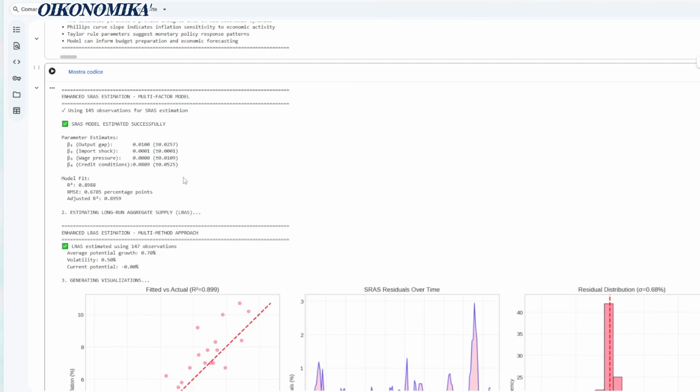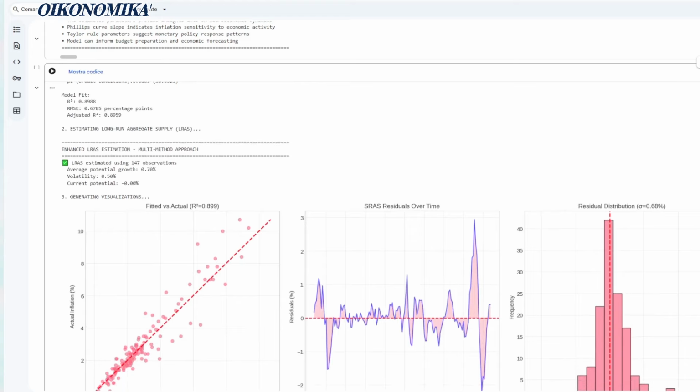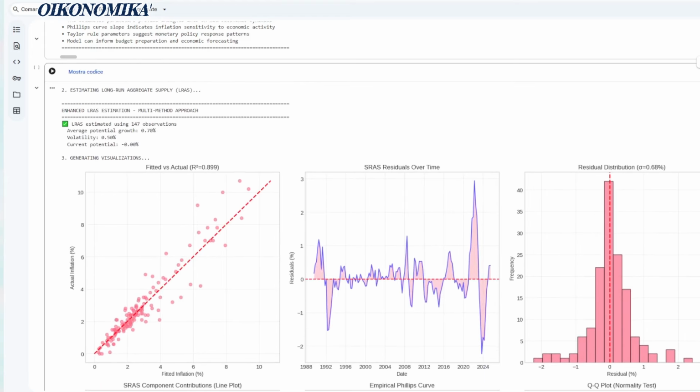So of course the model is built to incorporate the effect of structural problems and features which make the economy, our Bugatti, not so efficient. And we have an import shock, wage pressure, the credit conditions, which I've been talking about for quite some time.